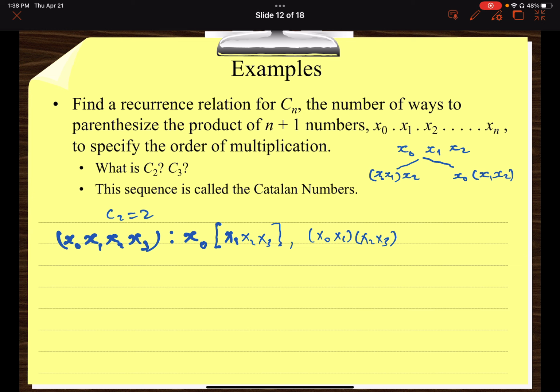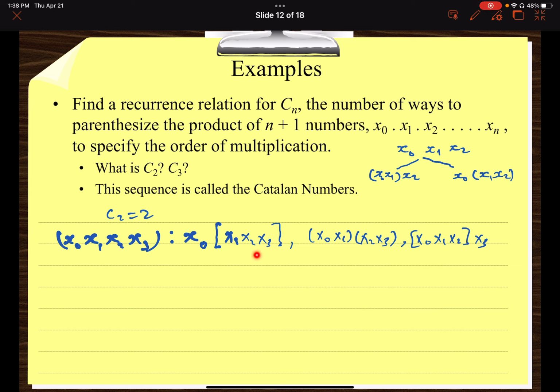How many do I have for this one? I have only one, right? What's the last one? The first three, x0, x1, x2, then x3. How many parenthesizations do I have here? 2, right?